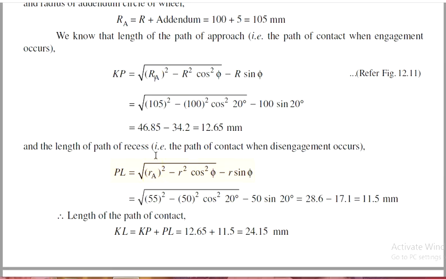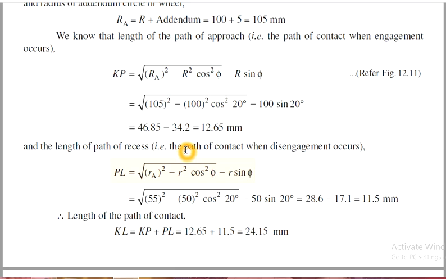The same formula: square root of Ra squared minus R squared cos squared phi, minus r sin phi, plus the same for r, minus R sin phi. That is, the approach and the recess formula both are the same, but we have to maintain which one is the recess and which one is the approach.